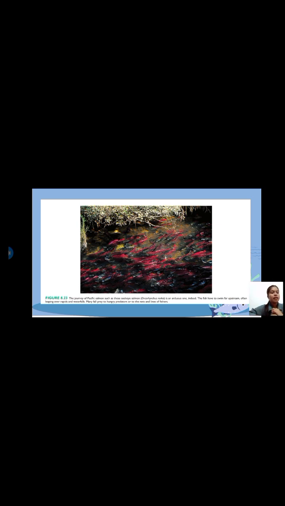So if mag-agi sila sa streams, there's a possibility nga makuha sila as prey. So some of these people nga makakuha sila is, of course, ang fishers. Makakuha sila sa nets. Kaya mag-agi sila sa waterfalls. Yeah. Yan siya.